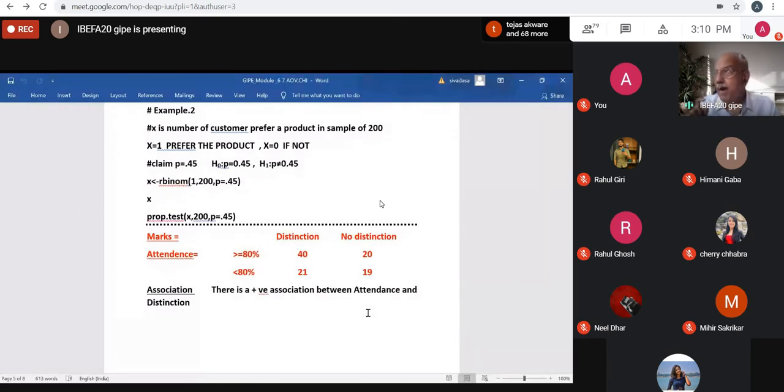The total marks obtained in the class are divided into 2 groups: distinction, no distinction. Attendance is also divided into 2 groups: greater than or equal to 80%, or less than 80%.